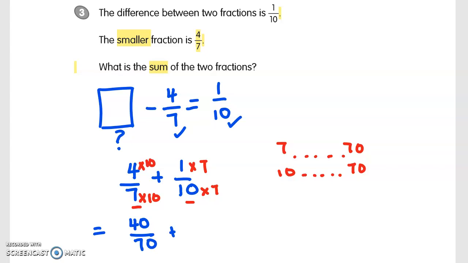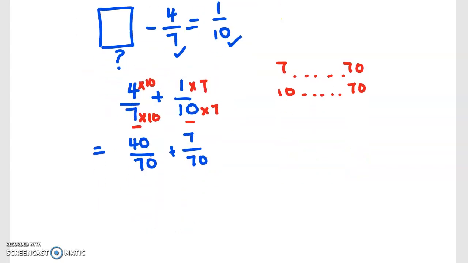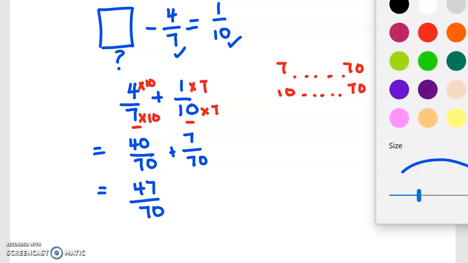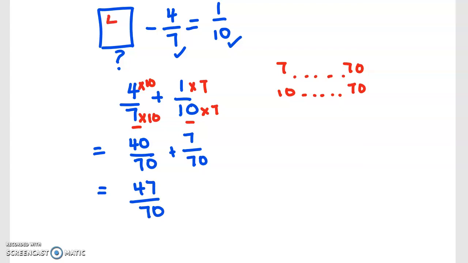Next one, 1 out of 10, you will get 7 out of 70. So you will add up these two fractions and you will get a total of 47 out of 70. Therefore, the greater fraction here is 47 out of 70.